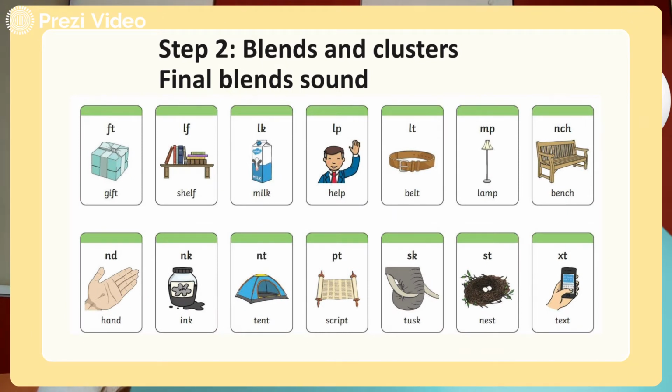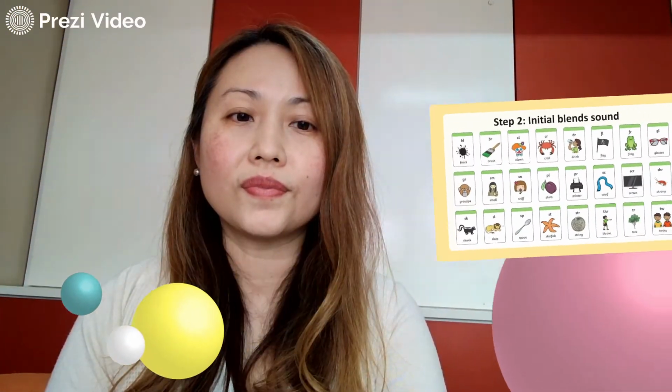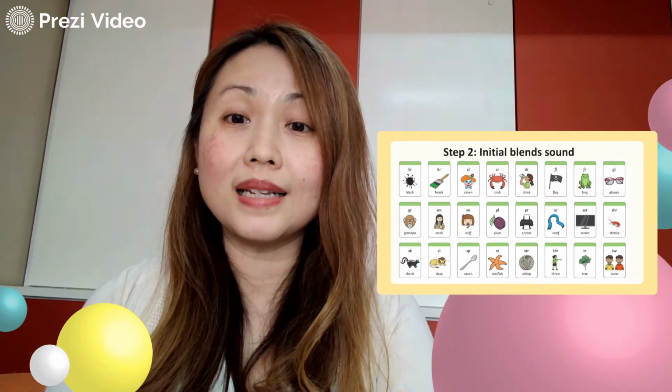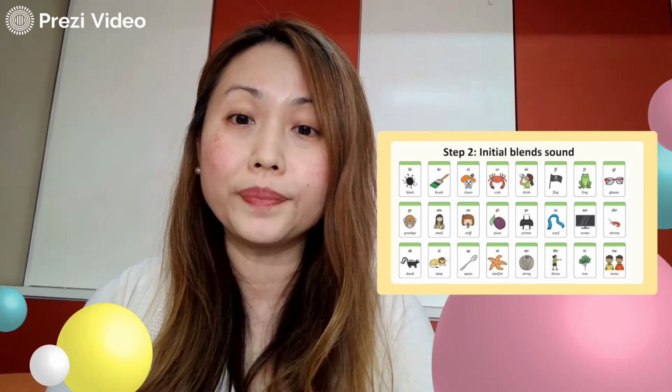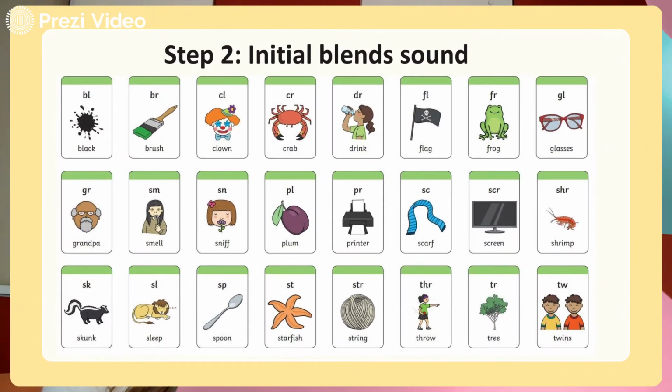So for example, gift is represented by the final blend sound f and t. And initial blend sounds is where the blend is at the beginning of the word. So your child should be able to blend some of these sounds. Okay, for example, bl for black.